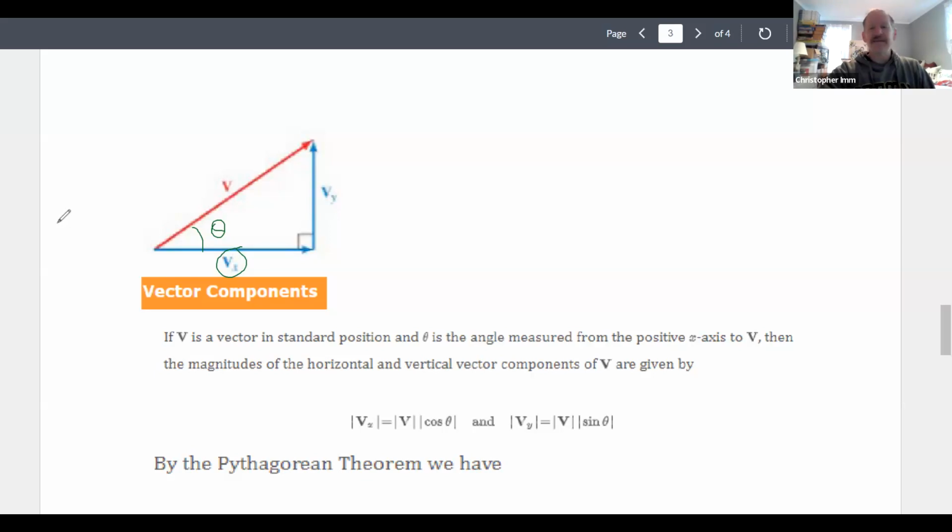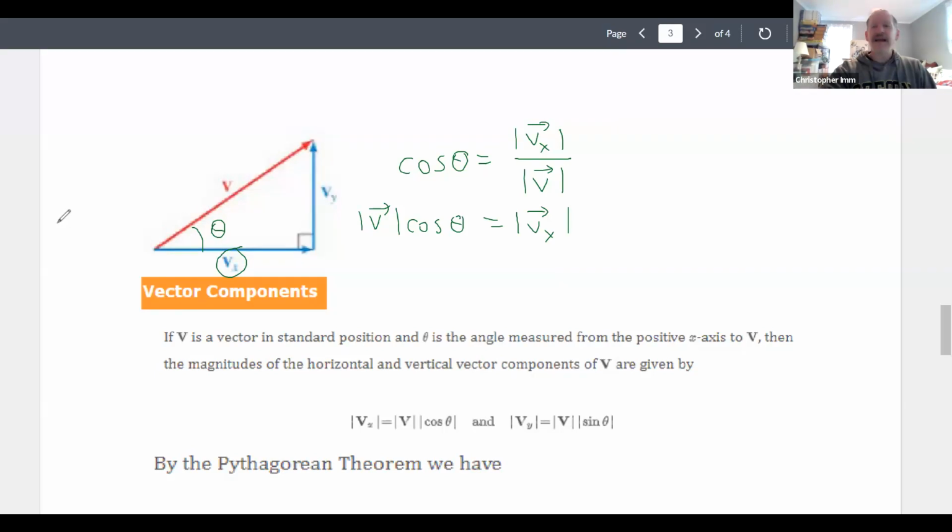So if I looked at the cosine of theta, that's going to be equal to the magnitude of v sub x, the adjacent, over the magnitude of that vector, in general, the hypotenuse. So if I wanted to find v sub x, I just multiply by the magnitude of v, and we get the horizontal component.